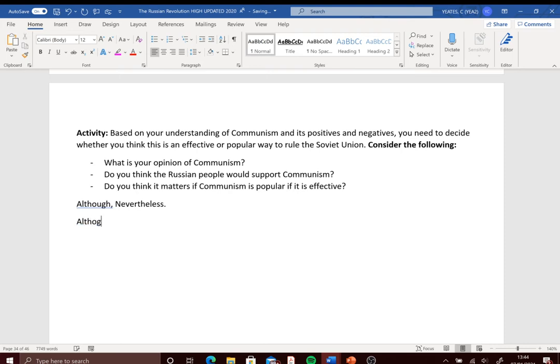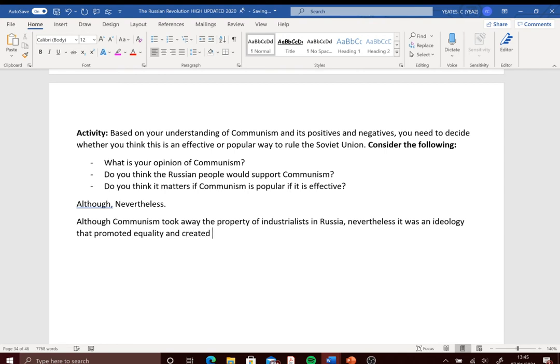So I might say here, although communism took away the property of industrialists in Russia, nevertheless, it was an ideology that promoted equality and created powerful industry.